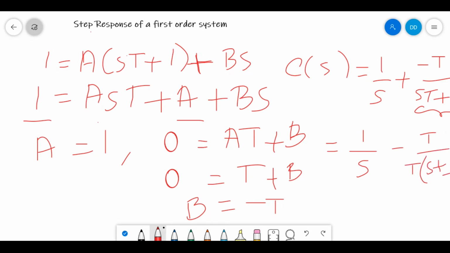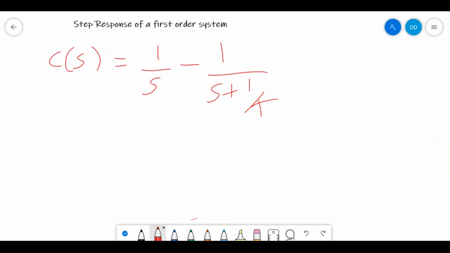This T and T get cancelled, so we'll have 1 by s minus 1 divided by (s plus 1 by T). So now we have this in the standard form. We can apply inverse Laplace.